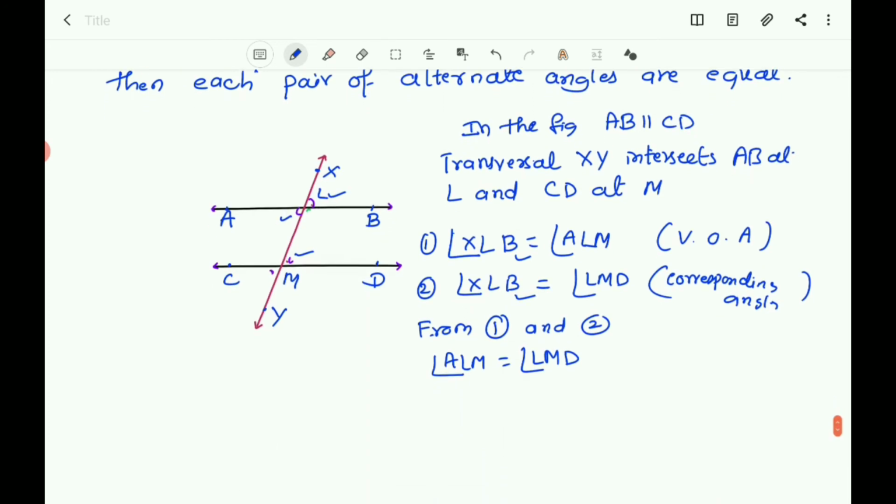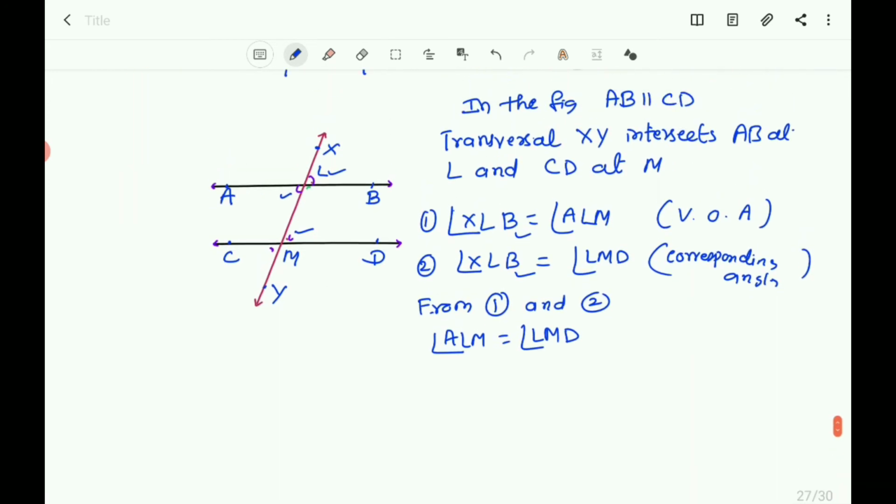Next, to prove another result, again you take this pair here. That is angle ALX. ALX is equal to which angle? You know that. That is BLM. That is angle BLM.